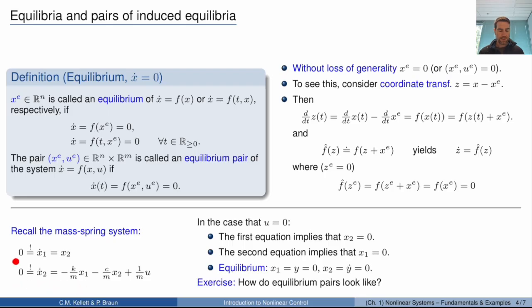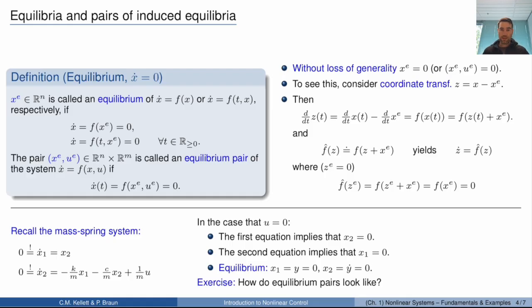From the first equation, we see that, well, it means that x2 needs to be equal to 0, essentially meaning that the velocity of the mass needs to be equal to 0. And from the second equation, if we plug that in, meaning using x2 equal to 0 here, and if we are not applying a force, then we also see that x1 needs to be equal to 0, meaning the equilibrium position is really 0.